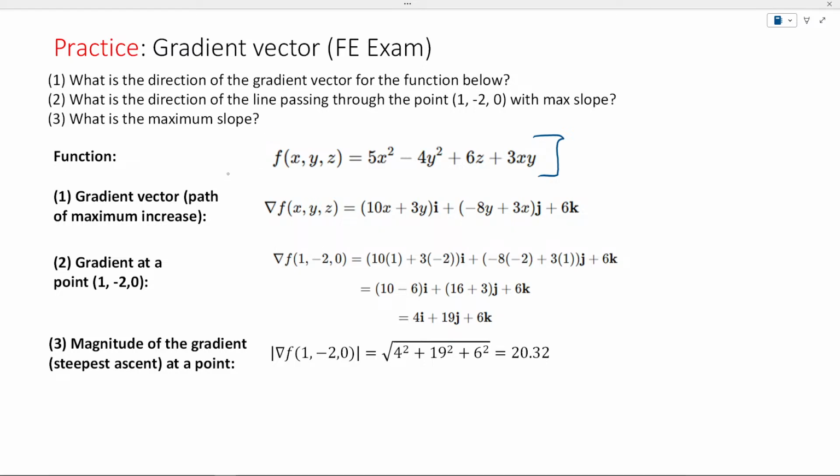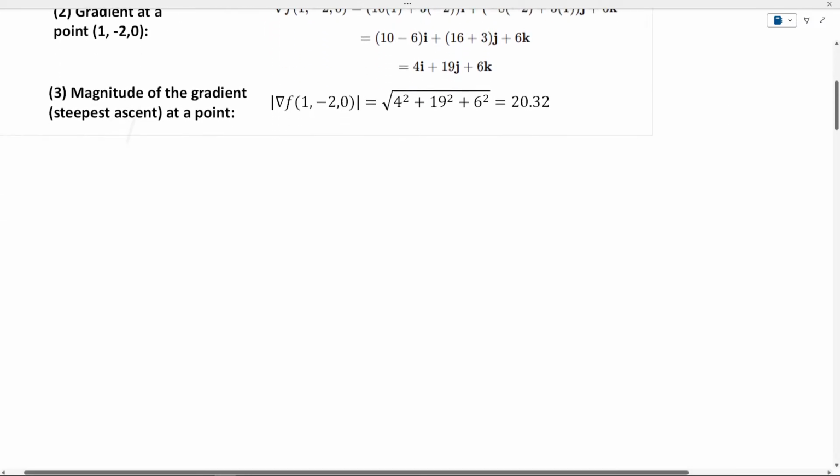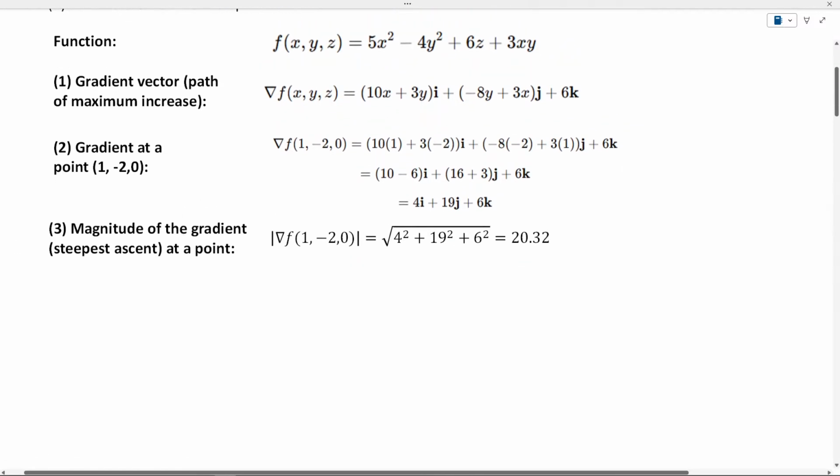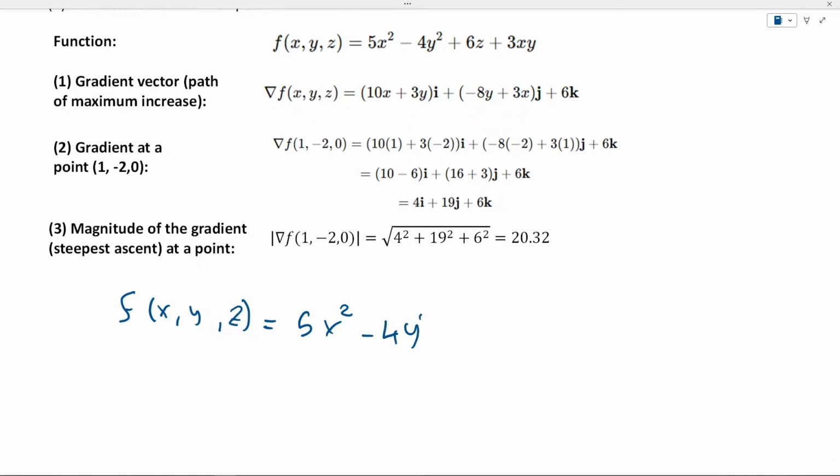So let's do it. Let's put our function here. Our function f of x, y, z is equal to 5x squared minus 4y plus 6z plus 3xy.